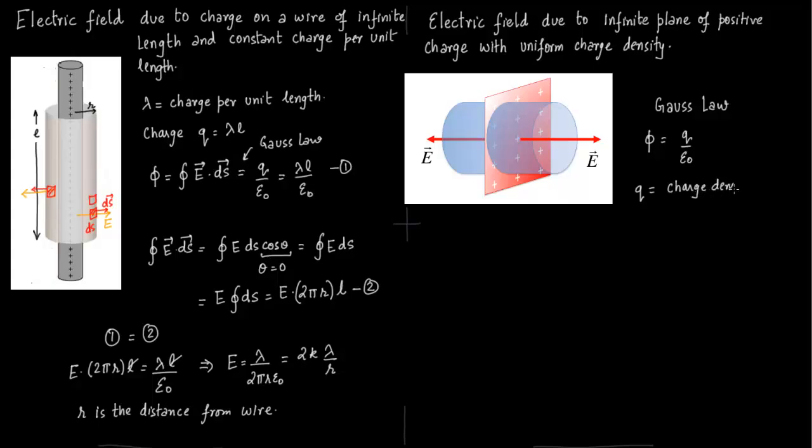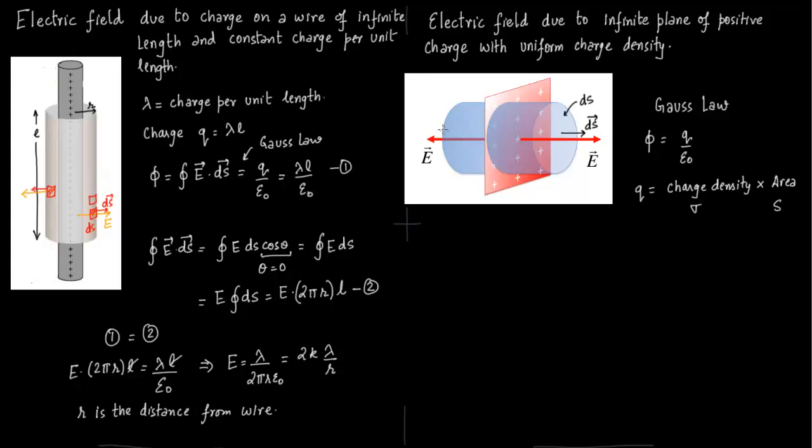Q is charge density times surface area. Say the charge density is sigma and the surface area is S. Let us see if Gauss's law is satisfied to compute the electric field.